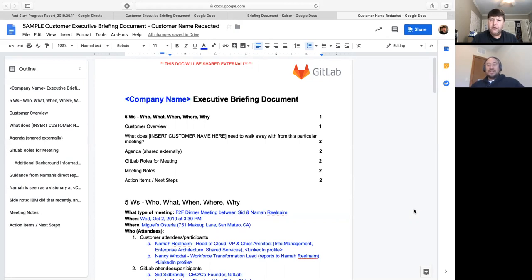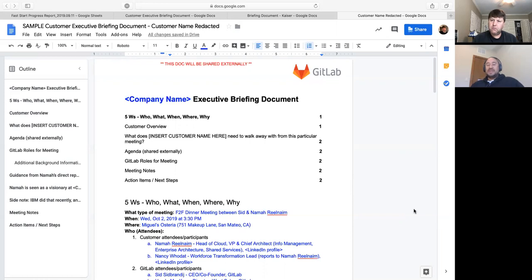We both had some shared goals and aligned. And basically this document was created for Sid, because the goal was to have this VP and chief architect meet with Sid face to face. So the intention is to brief Sid on what we are doing, why we are doing it, what this individual needs to know about GitLab, what's a differentiator, and what we from the account team are looking for at the end of this meeting.